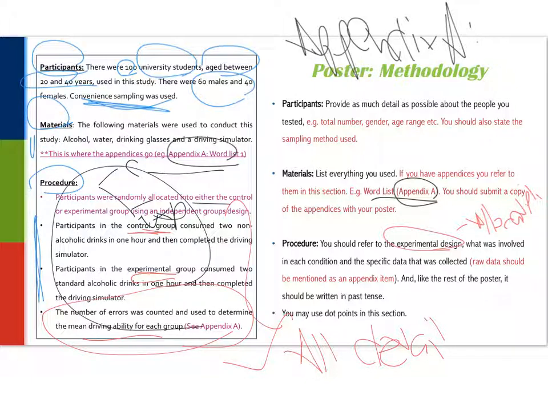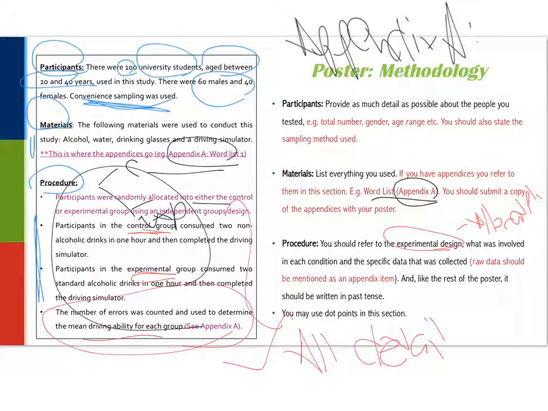So what you would say is something like, the word lists were counted up, they were compared, and we use this to calculate the mean number of words correctly recalled in a list of 20.